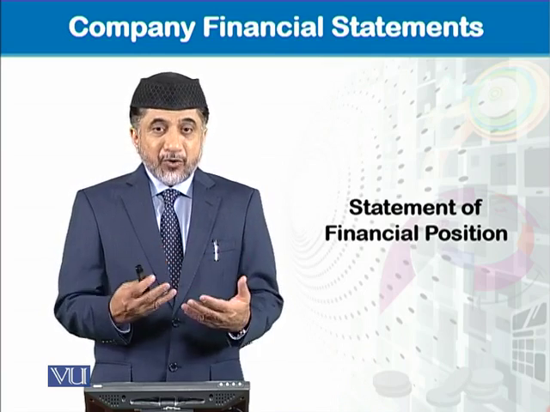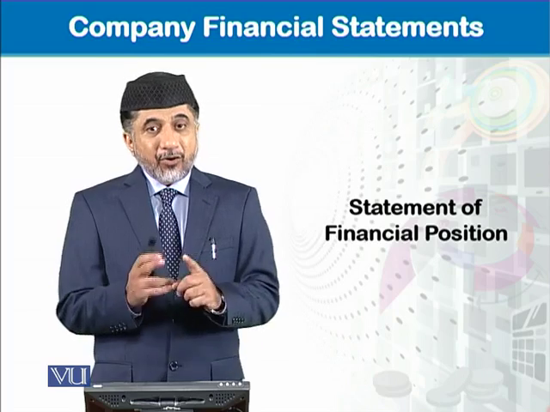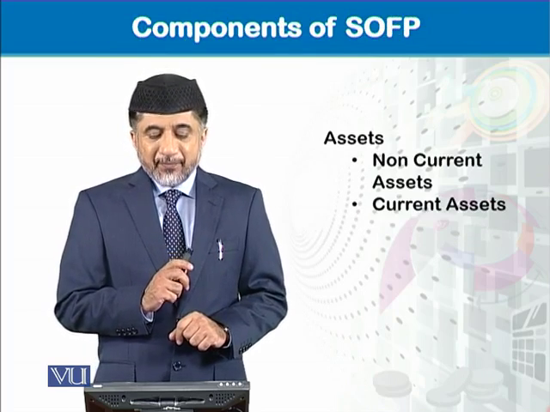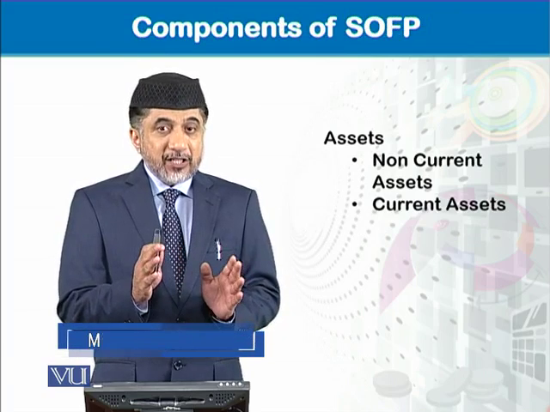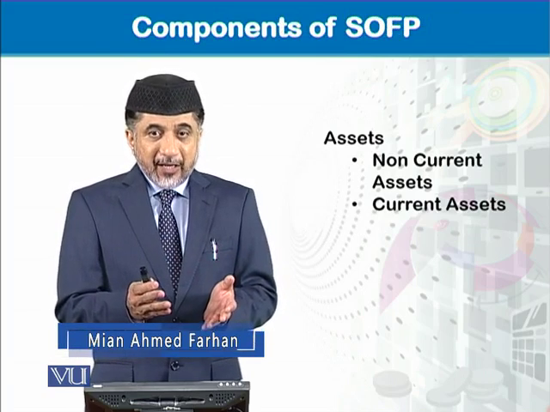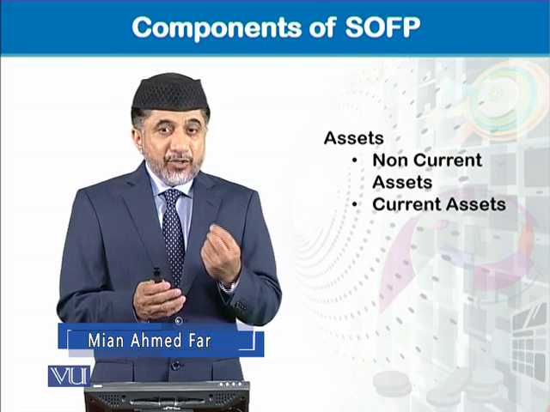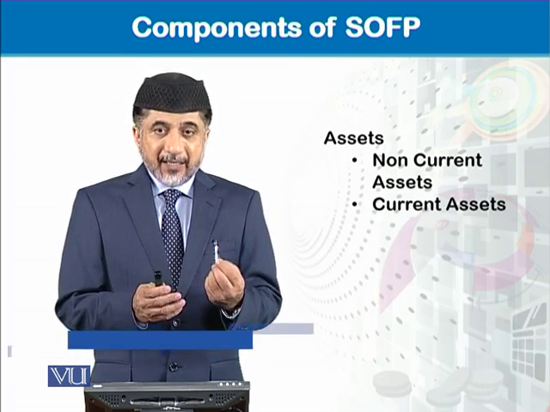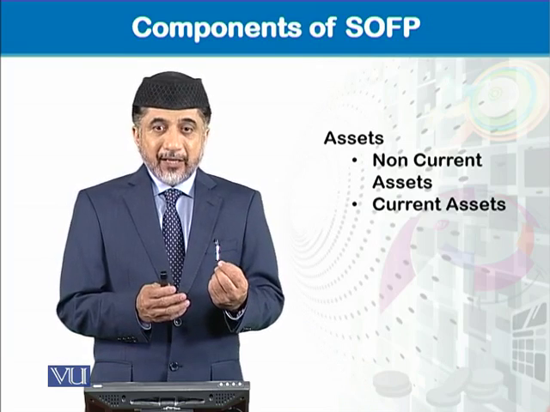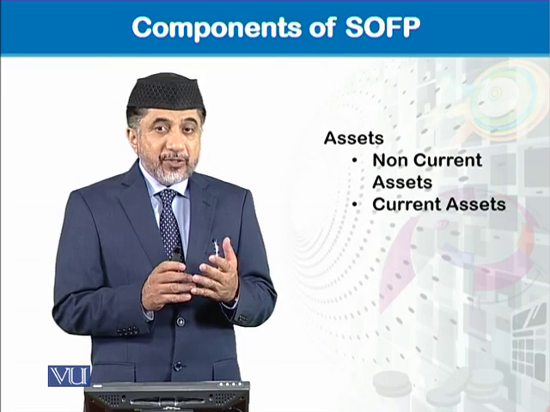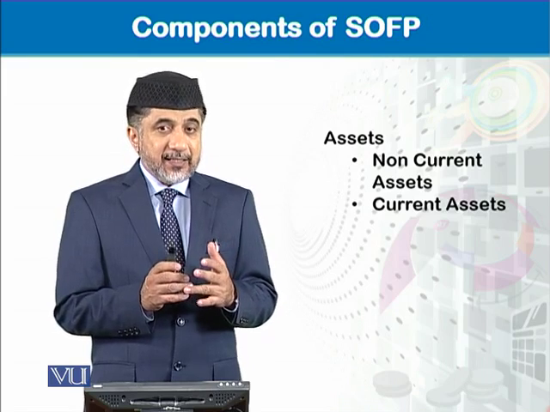We will look at the components of the statement of financial position in accordance with the requirements of IFRS. When we say components of financial position which are required, there are three main components which we have to present in the statement of financial position. Number one is assets, which are further subdivided into non-current assets and current assets.